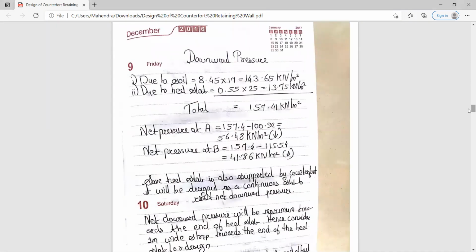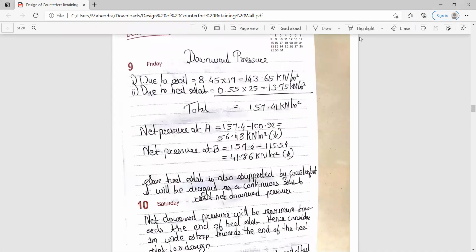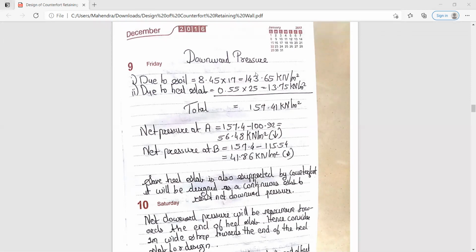So now you need to calculate the downward pressure. For calculating the downward pressure, first of all you have to take the downward pressure for the soil. Whenever you consider the soil, you have to consider the unit weight of the soil. So unit weight of the soil is 17 and the total height for the soil is 8.45.